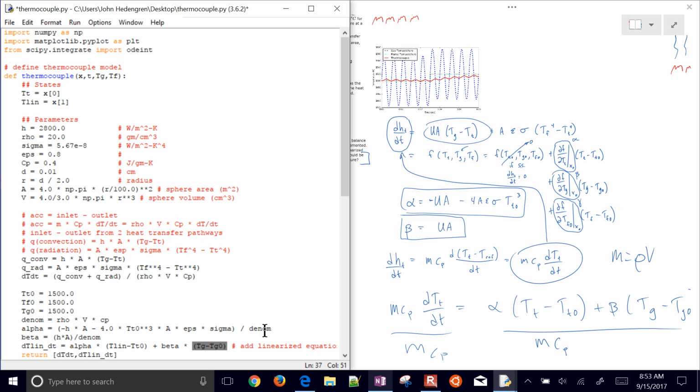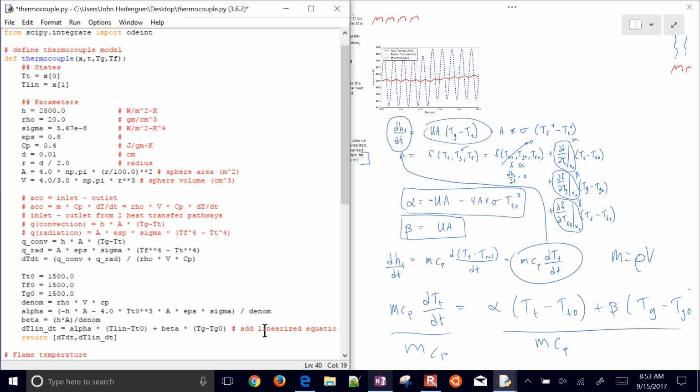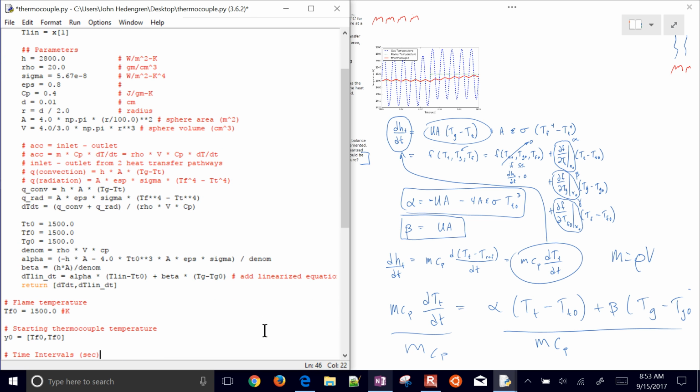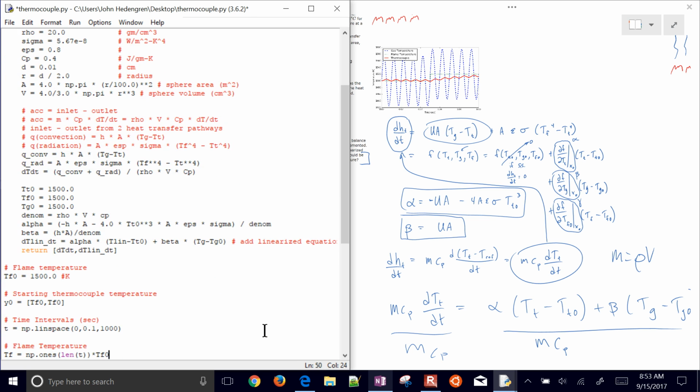Okay, so we have our linear and our nonlinear. Okay, I have my initial conditions there. Both of them are going to be at 1500 Kelvin. And then I'm going to simulate for 1,000 seconds with 0.1 intervals.